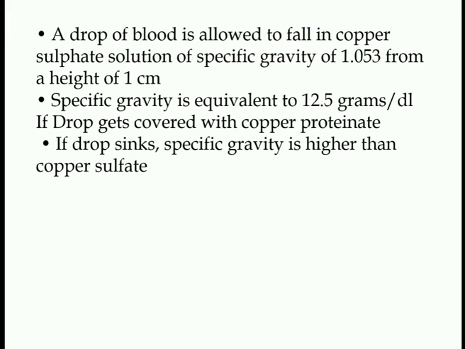Procedure of specific gravity method. A drop of blood is allowed to fall in a copper sulfate solution of specific gravity of 1.053 from a height of 1 cm. It is considered that the specific gravity is equivalent to 12.5 grams per deciliter.